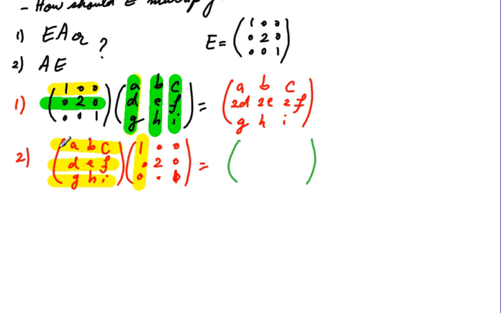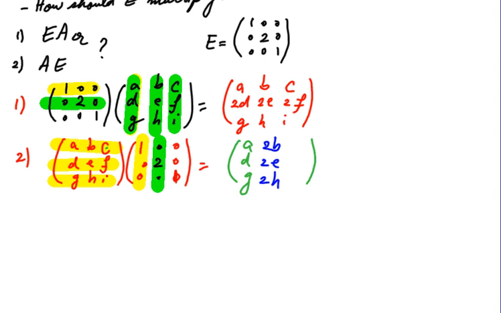The first row times that column is going to pick out the A. Second row with that column is going to pick out the D. Third row with that column is going to pick out the G. When I do all of these things with respect to the second column of this, I see what I want is showing up, because A, B, C times 0, 2, 0 is going to give me what? 2B. And then this makes it 2E, and then this makes it 2H.